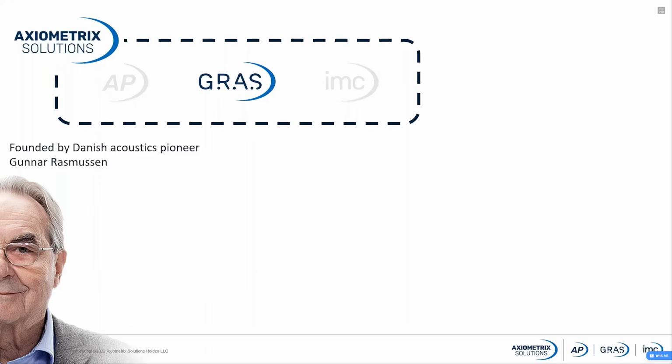I'm working from the headquarters in Denmark, and this company GRAS has been around for almost 30 years, and it is founded by the Danish acoustic pioneer Gunnar Rasmussen. And therefore the name actually comes from the acronym for Gunnar Rasmussen Acoustic Society.